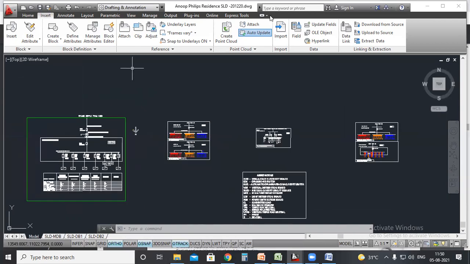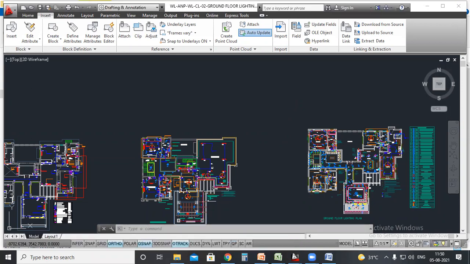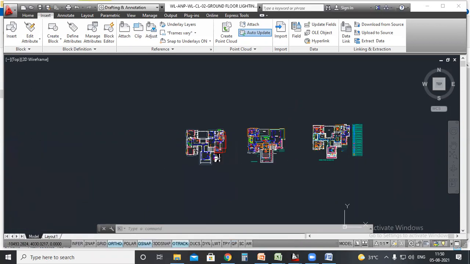So I can show the plan drawing also, so you will understand how this DB was required. Yeah.